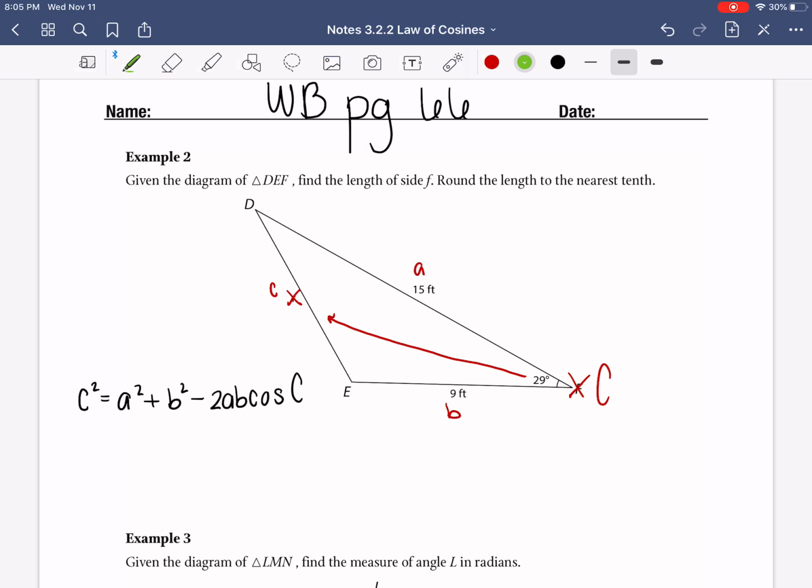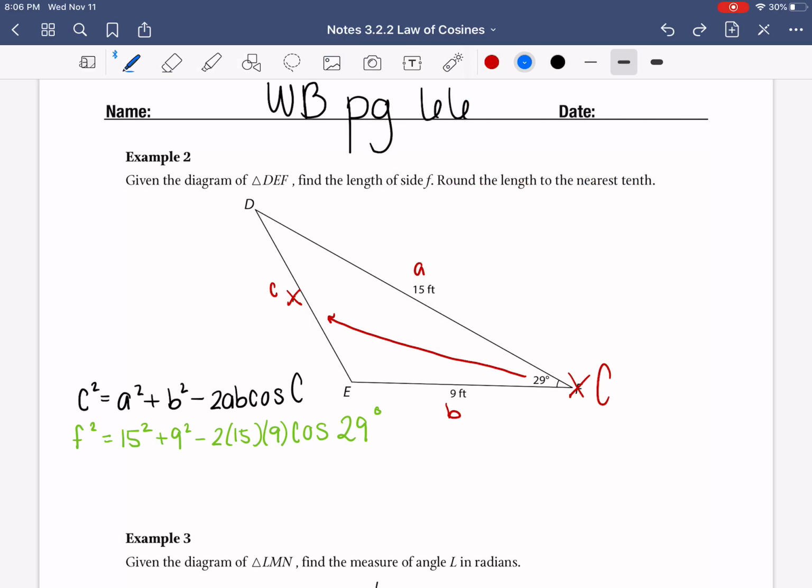When I plug in my pieces, little c is actually f, so f squared equals little a is 15, little b is 9, minus 2 times little a is 15 times little b is 9 times the cosine of capital C, which is 29 degrees. Notice how it has this little degree symbol. That means in our calculator, we are going to be in degree mode.